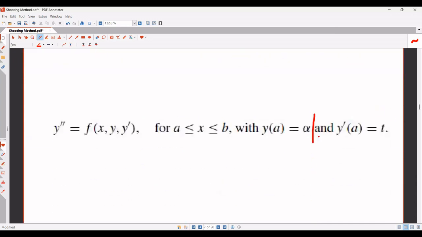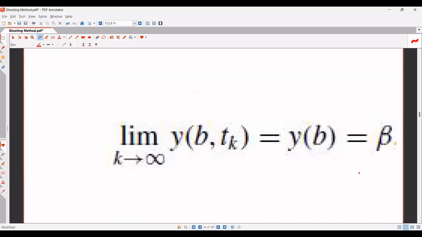But here we are given the derivative of y at a, basically not given, we are assuming the derivative of y at a to be equal to some parameter t. The method works like this. Assume a random initial choice for t. Let's call that value t naught.